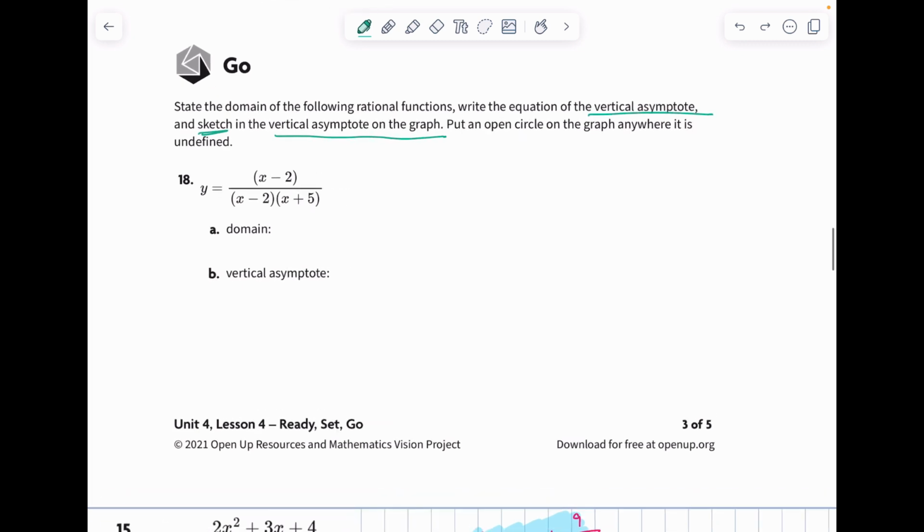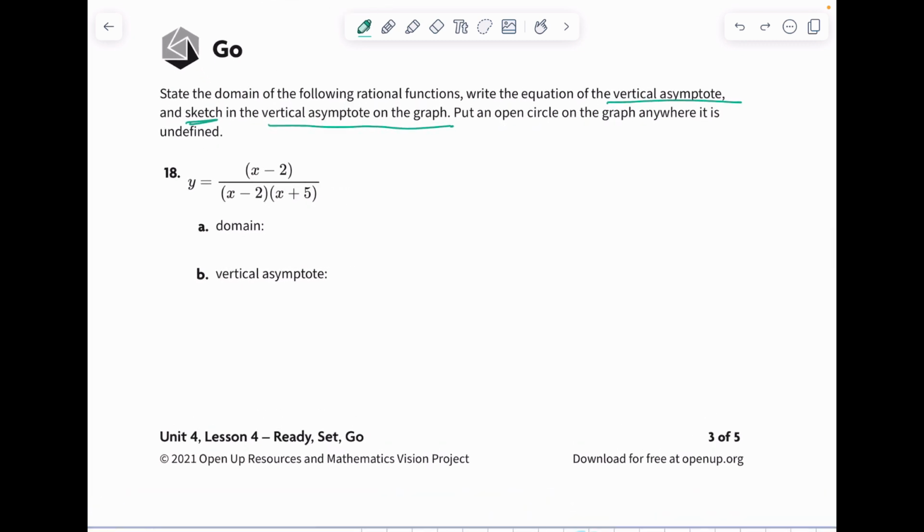Okay. So again, my domain here is x is equal to all real numbers, except x cannot equal 2 and negative 5. Okay, I hope you see that that's because of this, right? So we can simplify this to 1 over x plus 5.